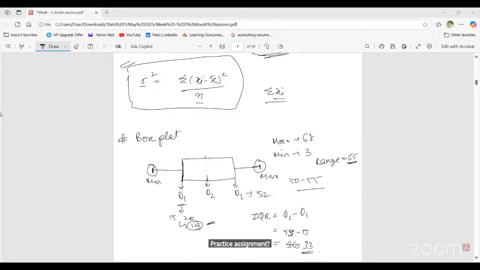Question number 3, ma'am. Question number 3: if the mean and sample respectively, then mod of x1 minus x2. Okay.